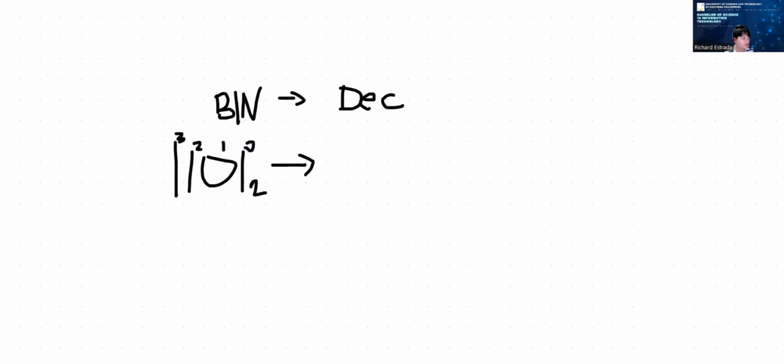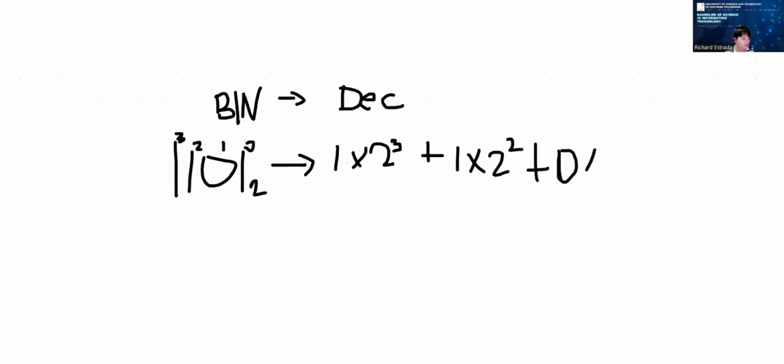So we have 1 times 2 to the 3, plus 1 times 2 to the 2, plus 0 times 2 to the 1, plus 1 times 2 to the 0. Anything multiplied by 0 is 0, so you no longer compute that.